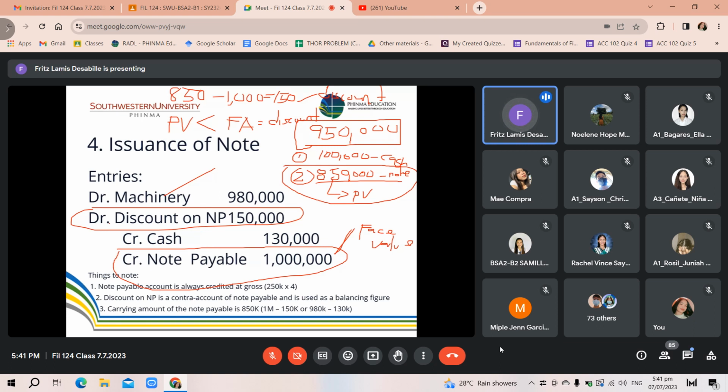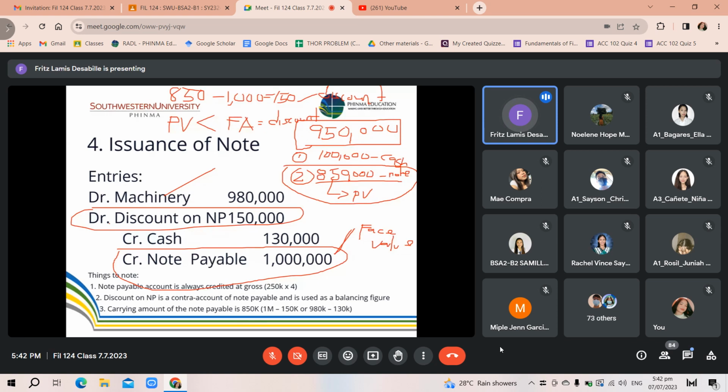Sir, usually, contra account is credit, right? It's not always. This is the case wherein it is a debit contra account because the main account from which it is deducted has a credit balance, which is note payable. So the net note payable, the true amount of note payable, would be the 1 million face amount minus the 150 discount, that is 850,000.